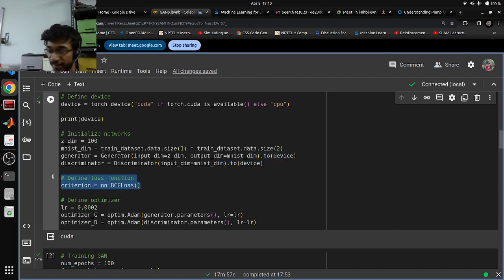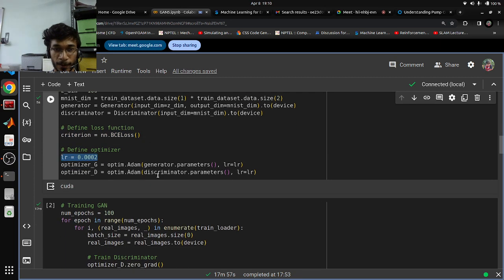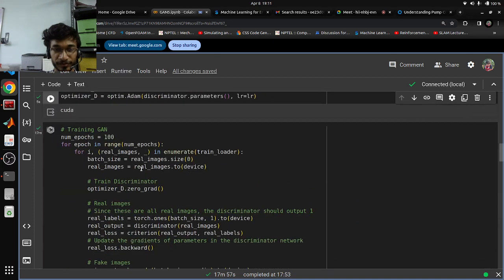The loss function throughout, as I said, is the binary cross entropy loss, and the learning rate is set up here. For the optimizers of both generator and discriminator, we are using the Adam optimizer with the same learning rate. You can explore different learning rates and see how that works out.